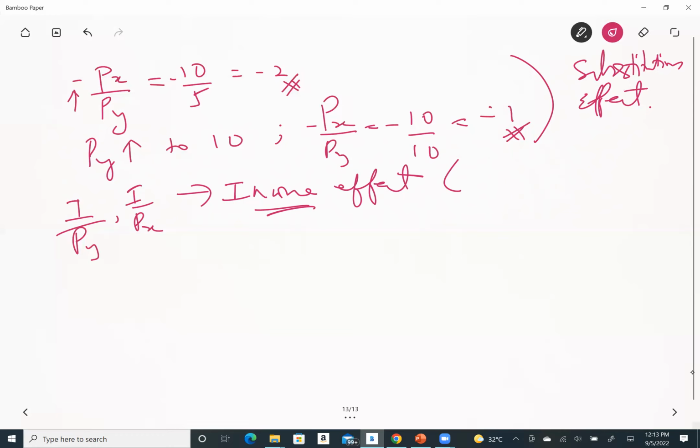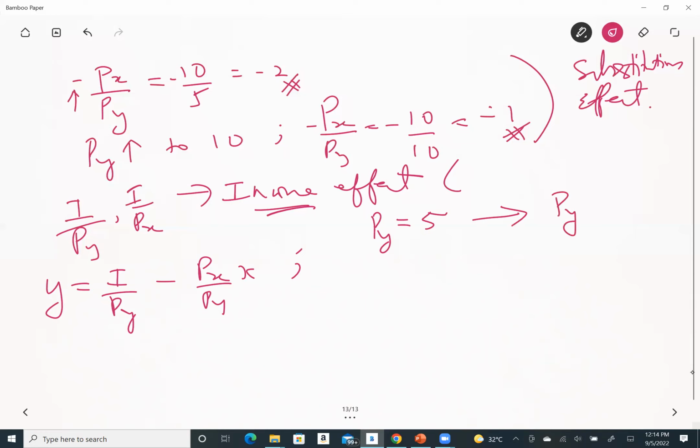So the budget line is Y equal to I over PY minus PX over PY times X. Now let's say the price of Y was equal to 5, and now the price of Y increases to 10. What about your real income, given the income was 1,000?